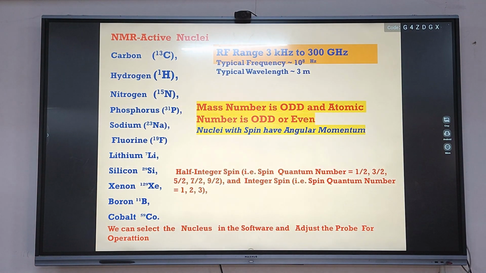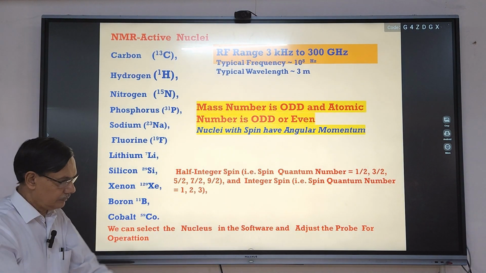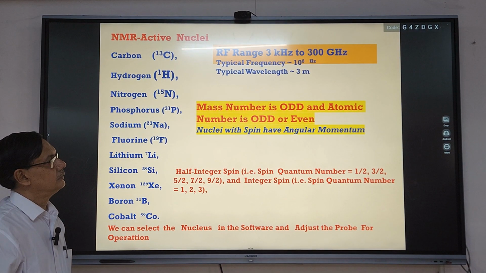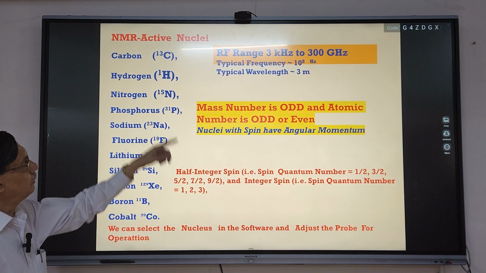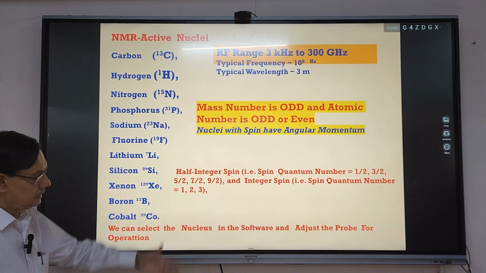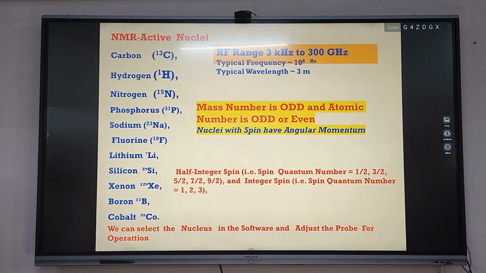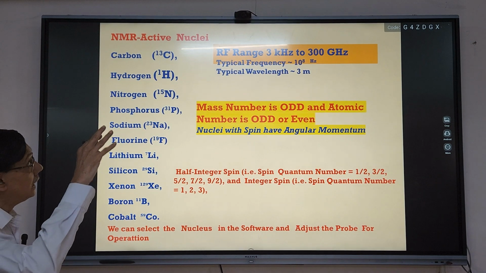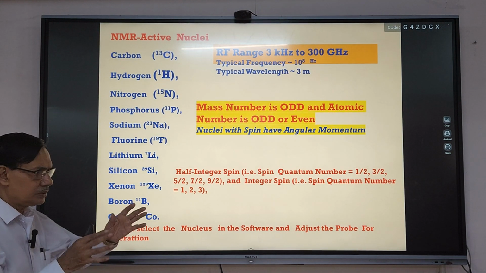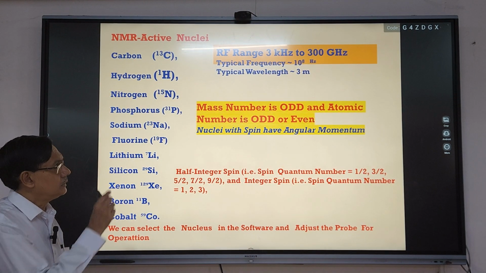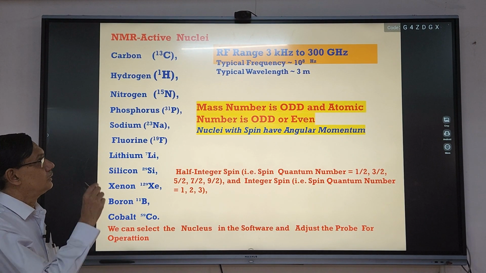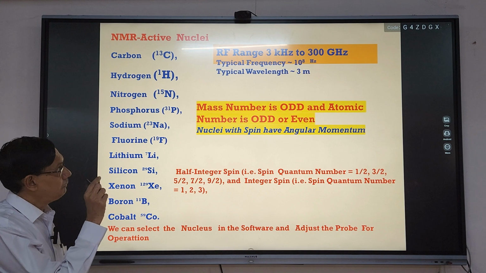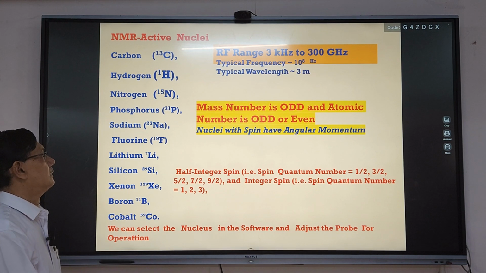So if you see the electromagnetic radiation, the whole range, particularly the radio frequency range, it is 3 kilohertz to 300 gigahertz. And of course, if you consider only the typical frequency, that is up to 10 to the power 8 hertz, and typical wavelength is 3 meters.